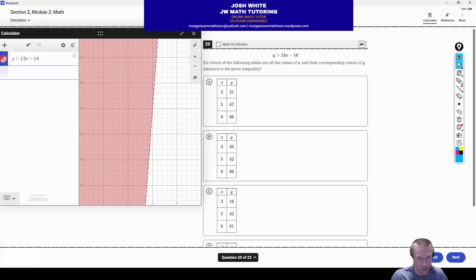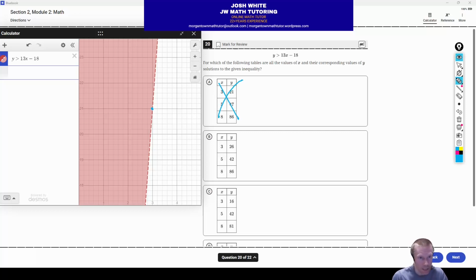Okay. So again, notice 321. Here's 21. Here's 3. So it's this point right here. It's exactly on the border, but the border is not a solid line. It is dashed because it's not included in the solution. So that tells us that 321 is not a solution and does not work. So that's how we could eliminate A.